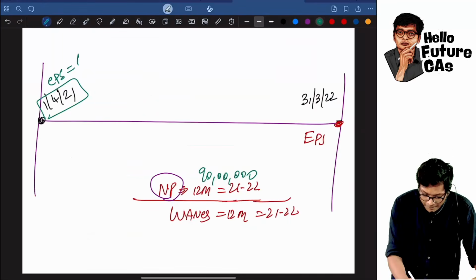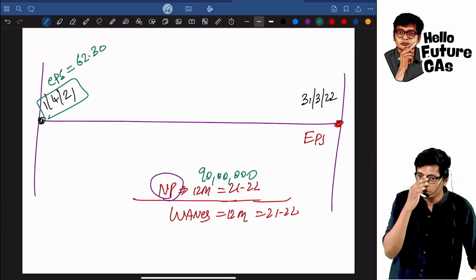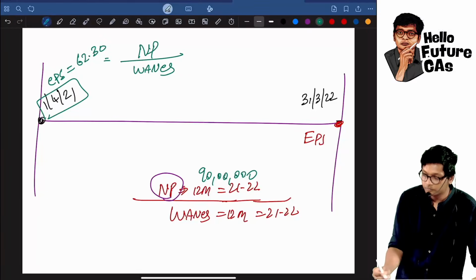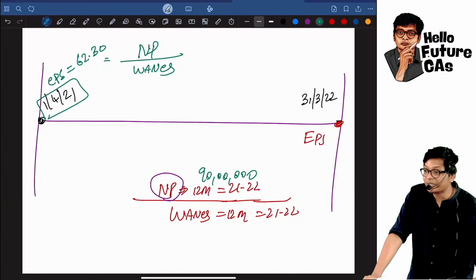If they are giving it, maybe some use will be there with that. How is 62.30 computed? Net profit of that year divided by the number of shares of that year.